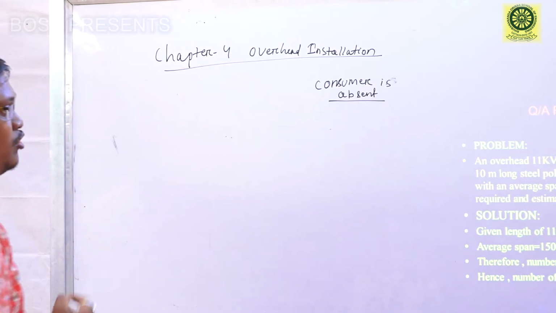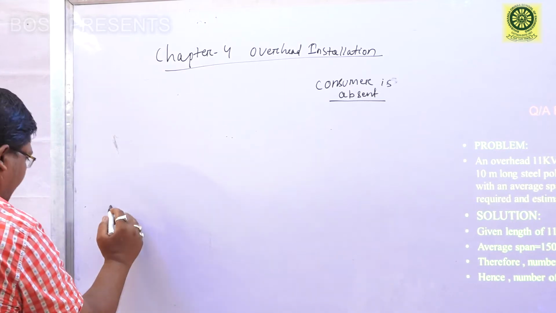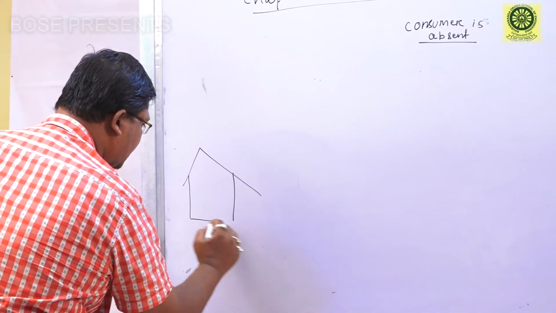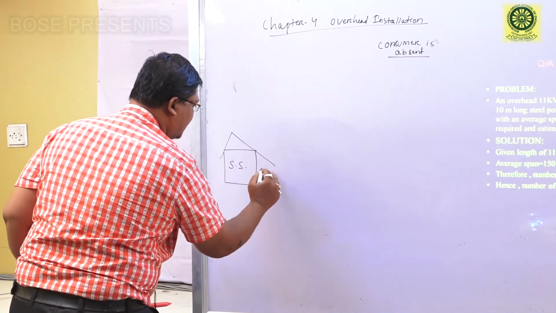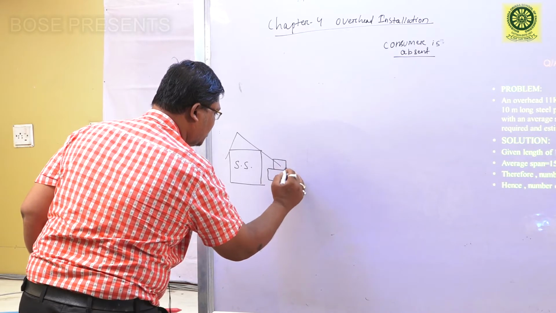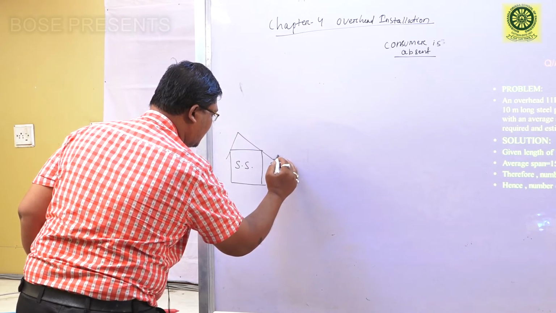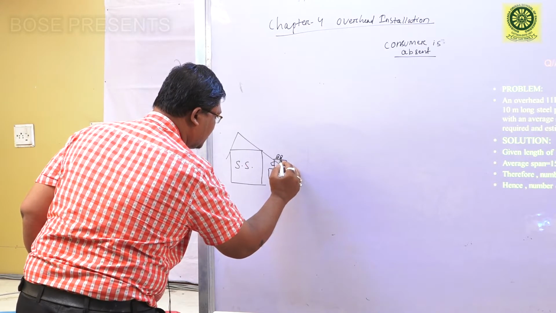So this is an 11 kV overhead line, and the length is 1 kilometer. Suppose this is the substation we are having, and here the plinth mounted transformer is installed. This is the transformer and this is the transformer bushing.